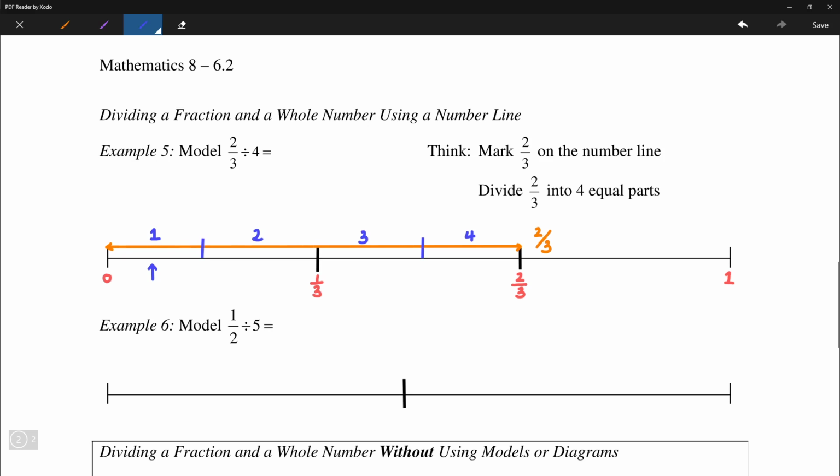And if we count from left to right, you can see that we can actually fit 6 of these partitions into 1. So each one of these groups is size 1/6. Which makes sense because they are 1/2 of a third. So here we have 2/3 divided by 4 is equal to 1/6.